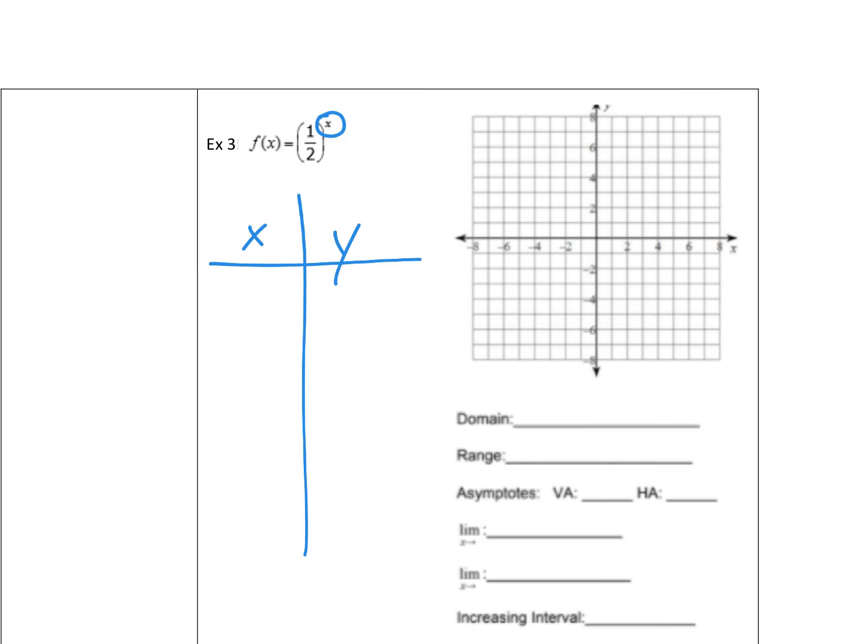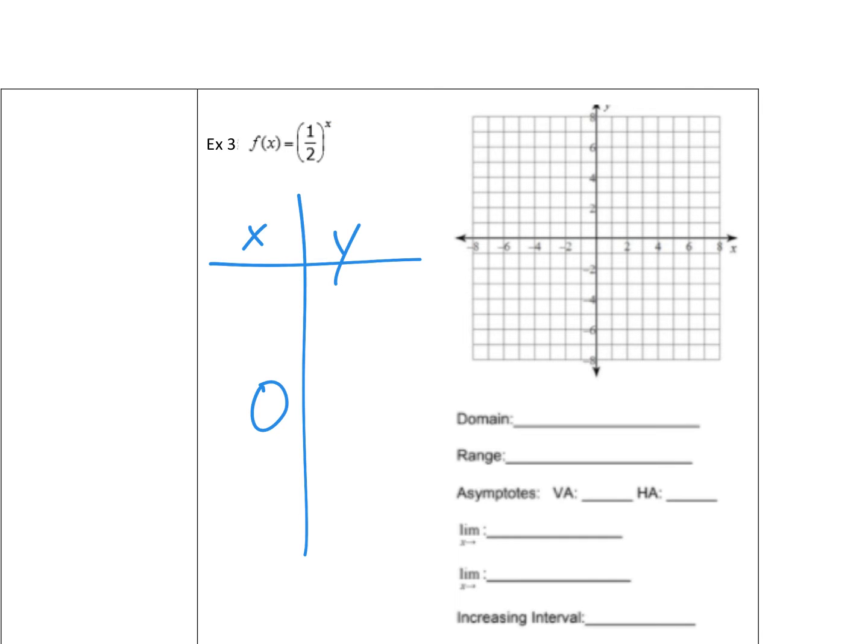So 0 is always going to be that middle number. If, for instance, let's say that instead of x, this exponent was x plus 2. If I set that equal to 0, what would that be? Negative 2, so I would make that my middle number in my table, just to help me build. But since this one just has x, it's just going to be 0.